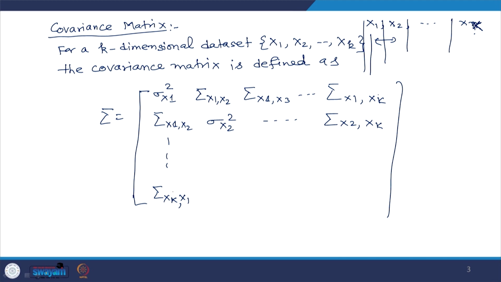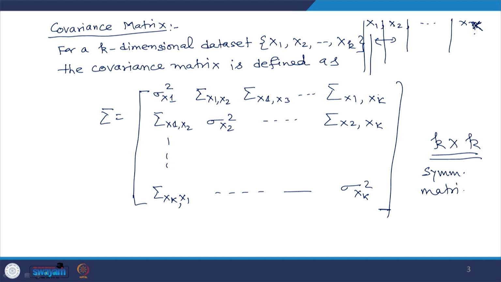So, it will be a symmetric matrix because the covariance between first and second column equals covariance between second and first column, and similarly for any two columns. And finally, here you will be having variance of the last column, that is the kth column. So, it will be a k by k matrix, and it is a symmetric matrix.